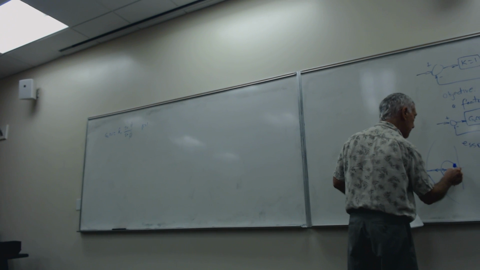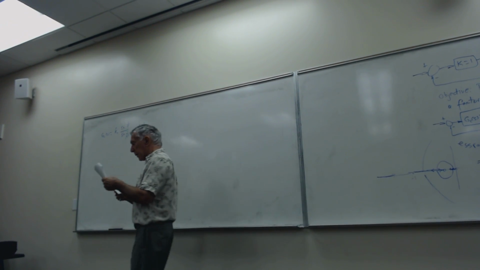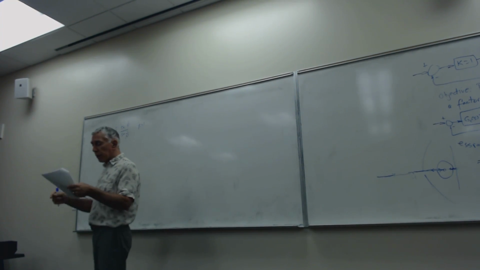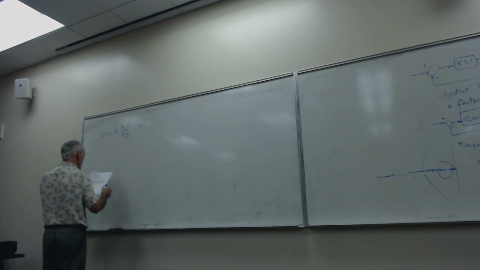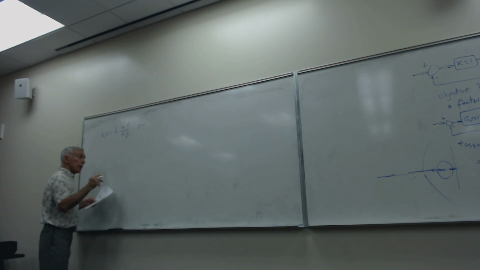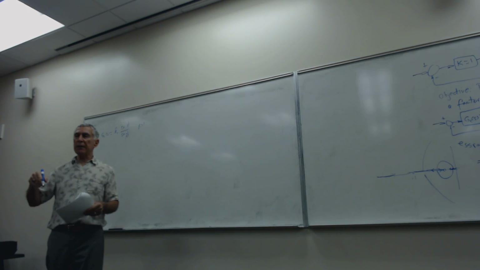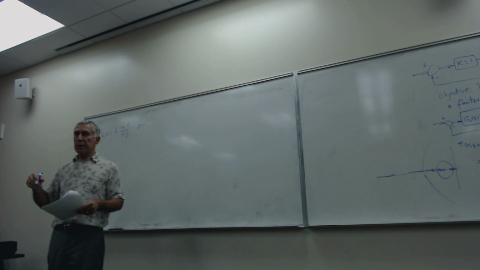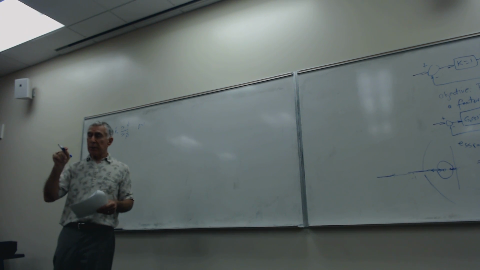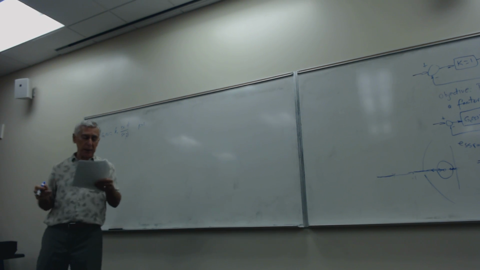This zero and that pole are very close together, and also close to the origin, because doing so will minimally affect the desired dominant pole locations, right?